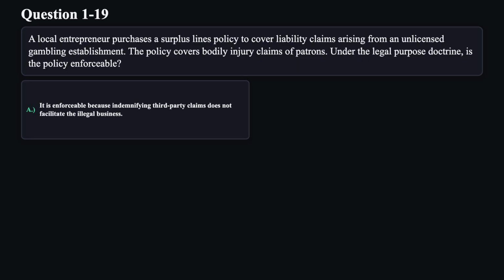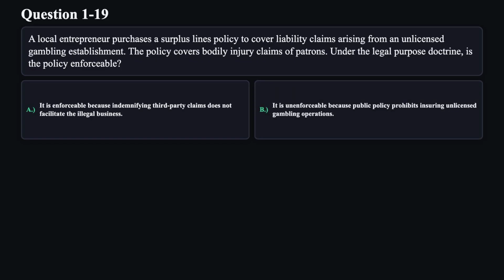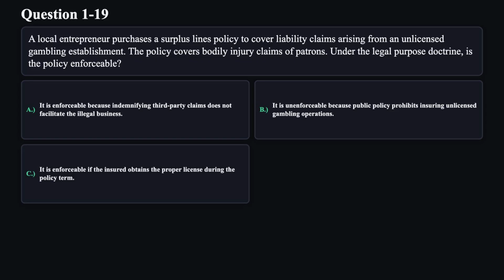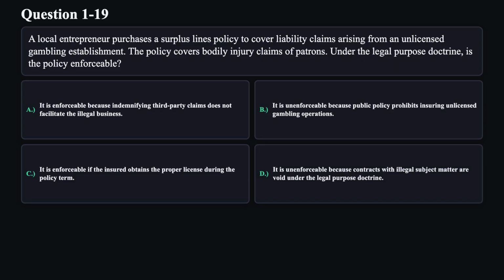A. It is enforceable because indemnifying third-party claims does not facilitate the illegal business. B. It is unenforceable because public policy prohibits insuring unlicensed gambling operations. C. It is enforceable if the insured obtains the proper license during the policy term. D. It is unenforceable because contracts with illegal subject matter are void under the legal purpose doctrine.